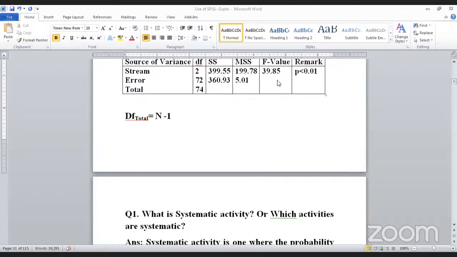This is the value which will indicate whether the mean score of anxiety of art, science, and commerce teachers differ significantly or not.